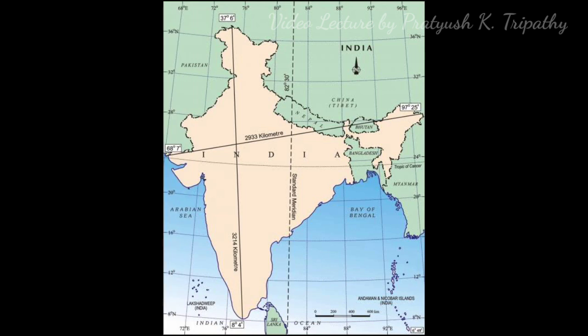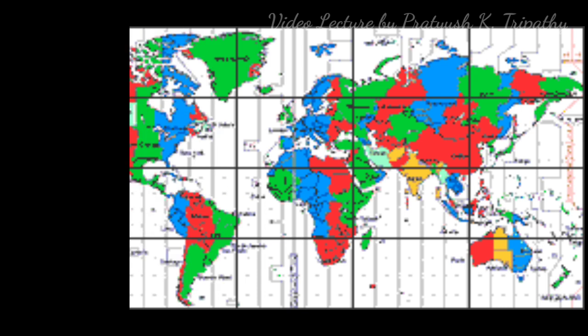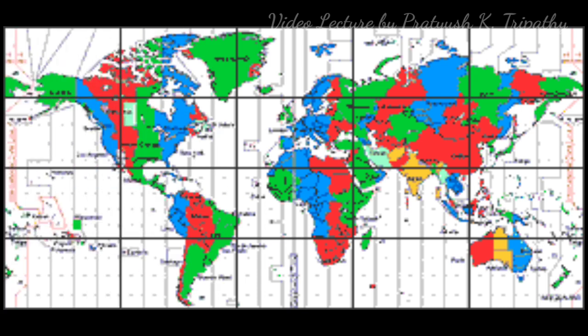Nepal and Sri Lanka have the same time zone as of India. The difference between the Indian Standard Time and the Greenwich Mean Time is 330 minutes or 5.5 hours. This means that when it is noon at England, it is 5:30 p.m.